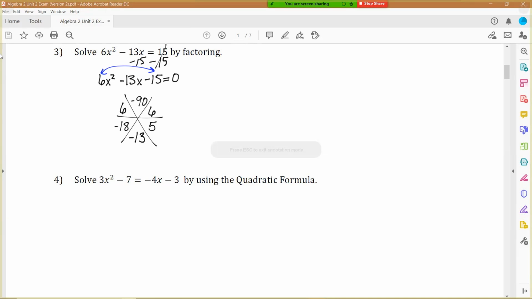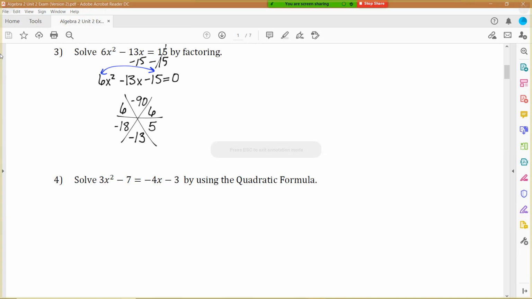Yep. So 5 and -18 multiply to give us -90 and add to give us -13. Again, for numbers like this, our factor sheet comes into play. It's very easy to find your factors for 90 if you have your factor sheet.